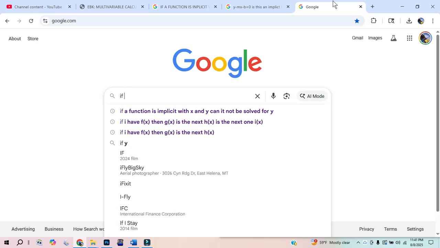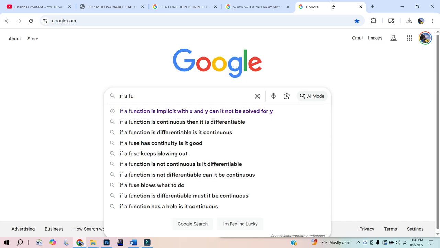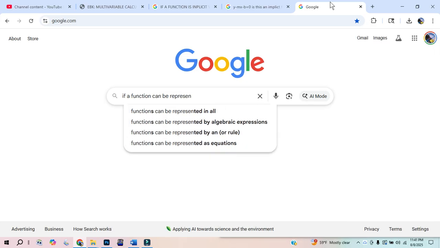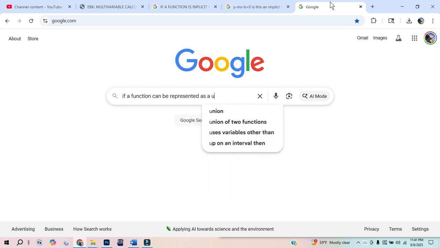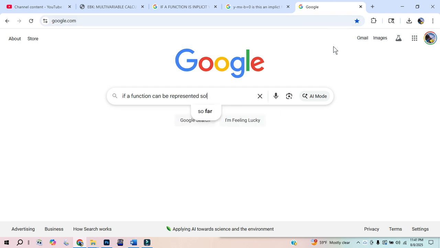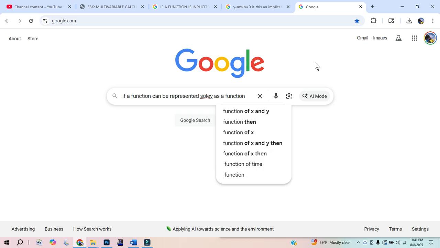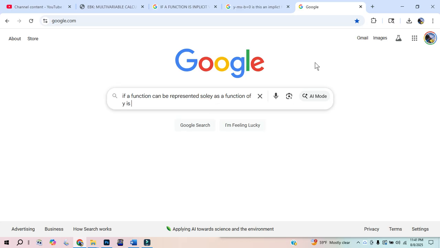So I'm going to say, if a function can be represented solely as a function of x, or a function of y, is it therefore not implicit?